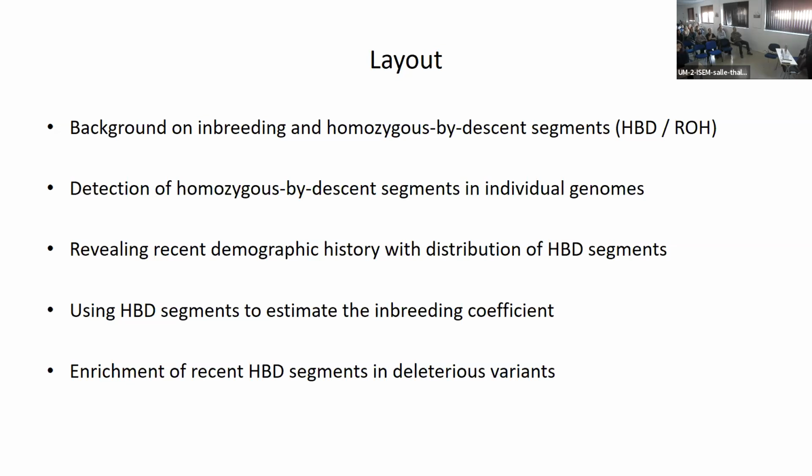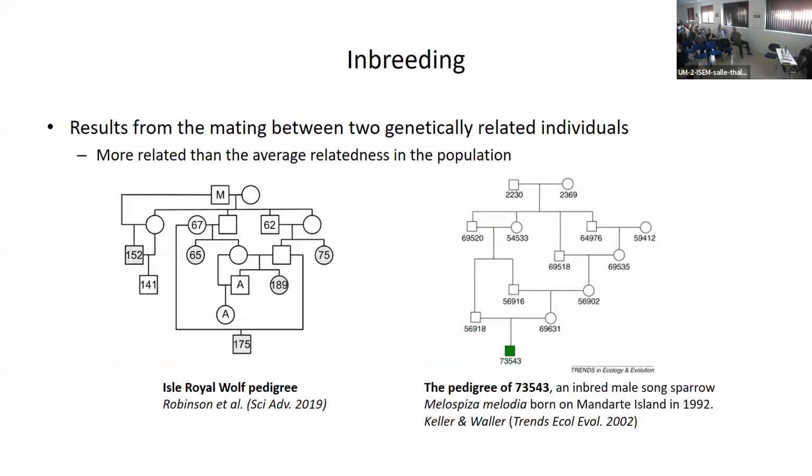I will briefly discuss the methods used to detect runs-of-homozygosity. Then I have three applications: how we can use the distribution of HBD segments to understand demographic history, how we can use them to estimate the inbreeding coefficient, and then to study the effect of recent inbreeding versus ancient inbreeding.